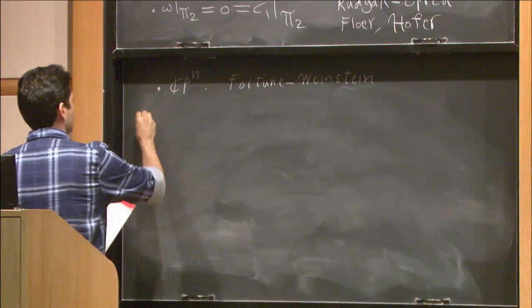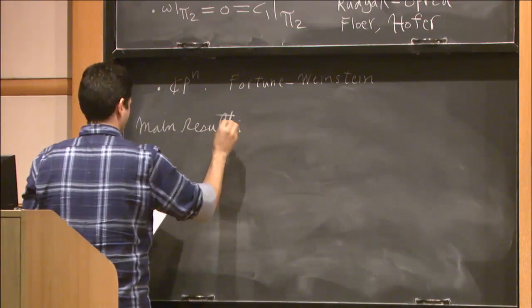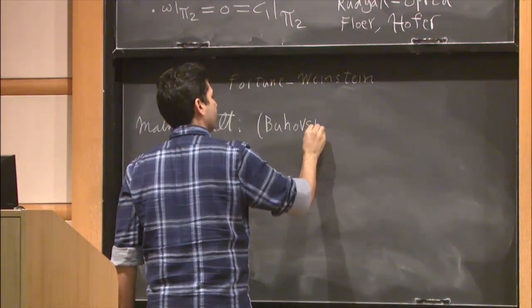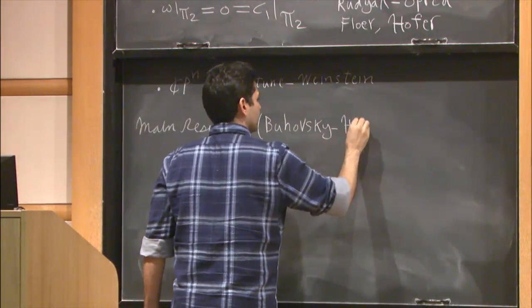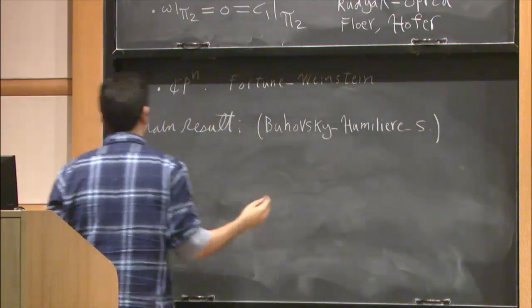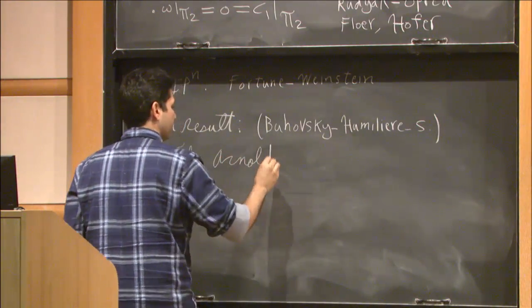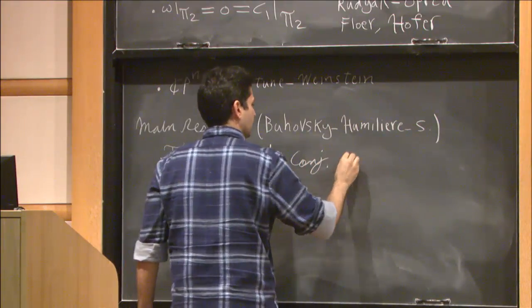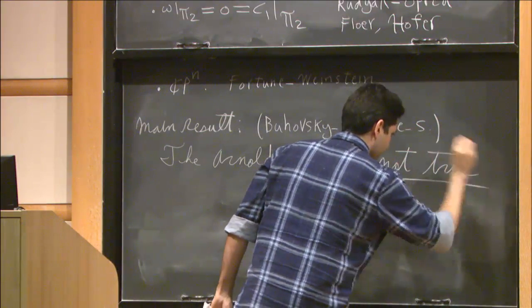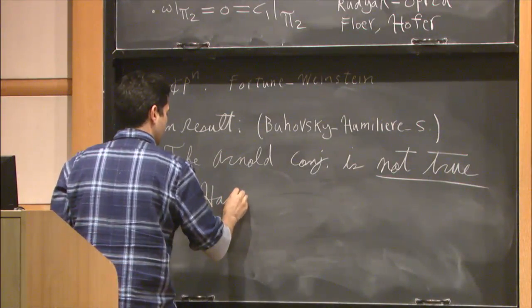Here's the main result of the talk. This is joint work with Lev Buhovsky and Vincent Humilière. The statement is that the Arnold conjecture is not true for Hamiltonian homeomorphisms.